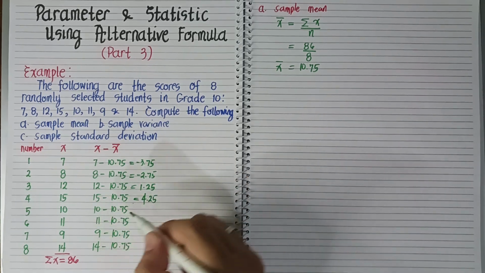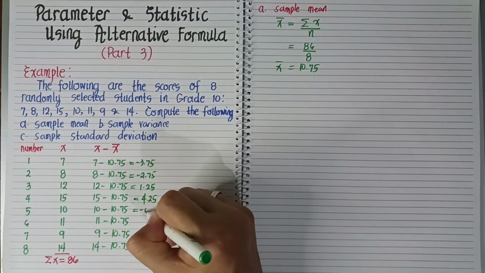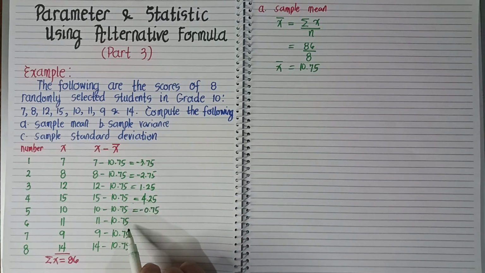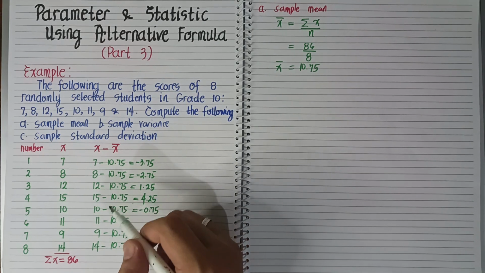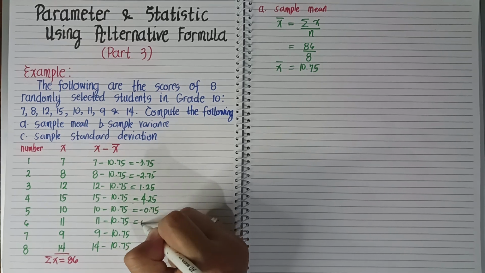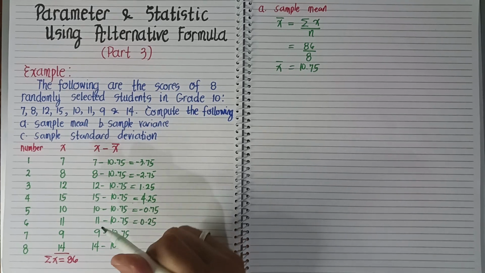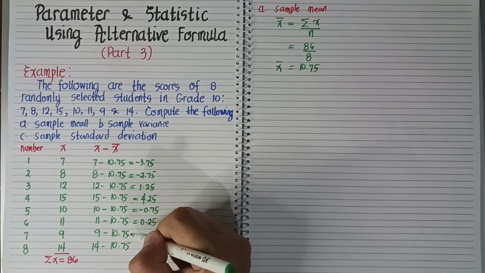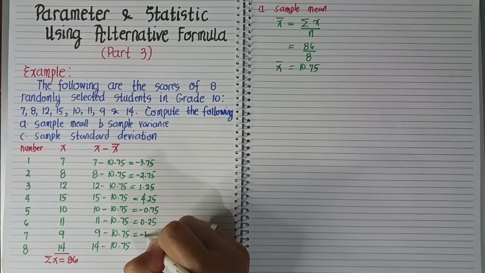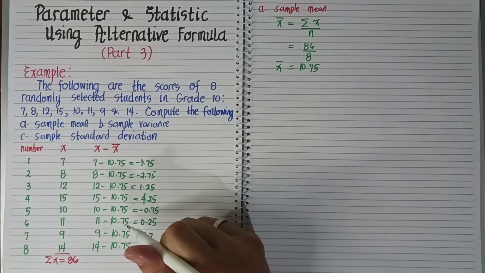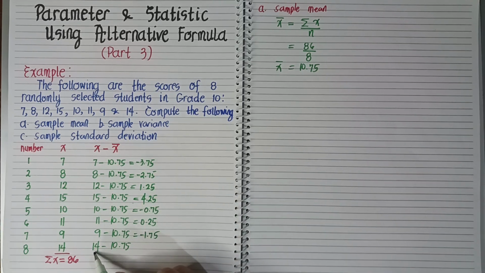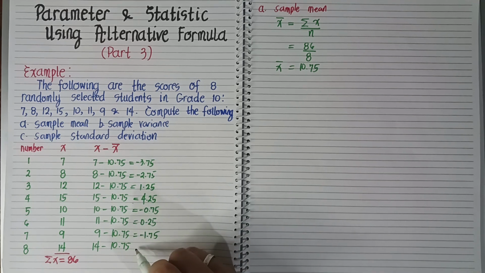And then 10 minus 10.75 is negative 0.75. 11 minus 10.75 is equal to 0.25, right? And then 9 minus 10.75 is negative 1.75. Okay? And then we have 14 minus 10.75, which is equal to 3.25.